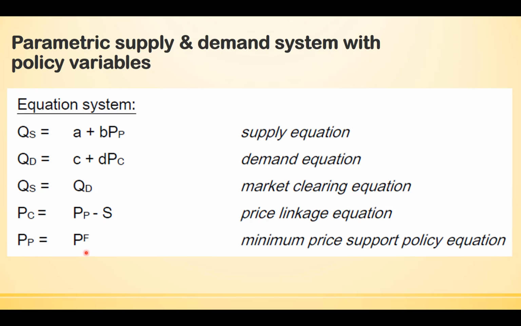And in this case, the potential issue is that the producer price at equilibrium could try to be higher than the price floor, right? If the market price that results from this solution, from the market clearing solution, is larger than the price floor, then if we write the equation this way, then what we'll see is the producer price gets reduced.